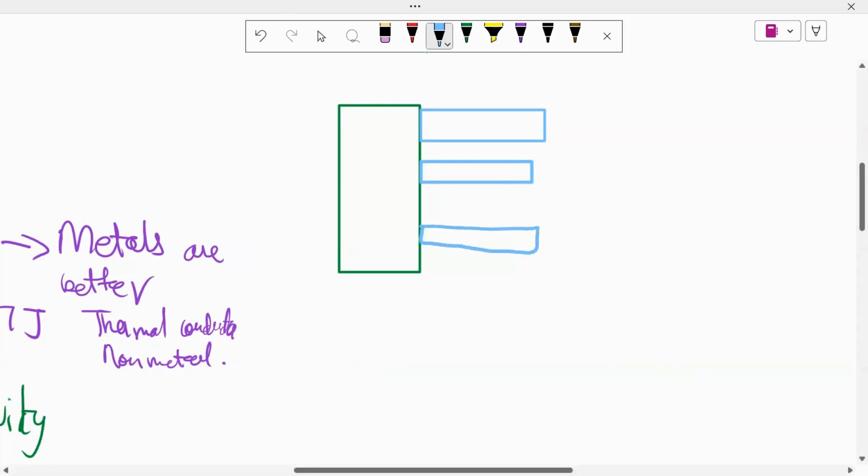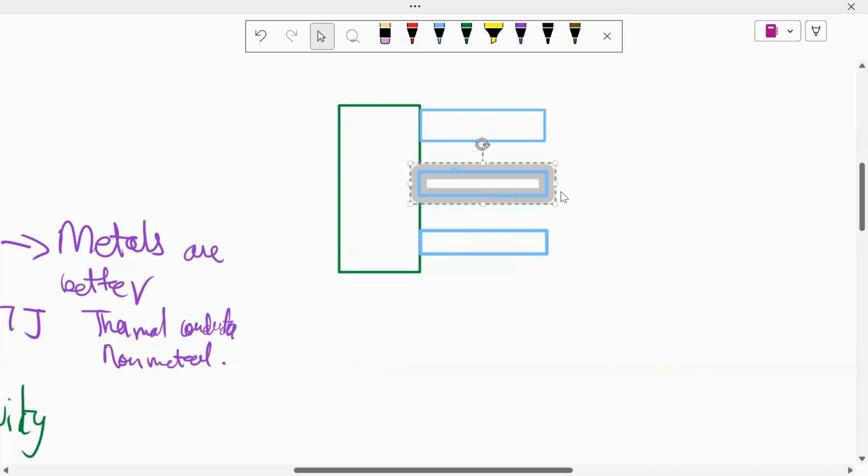Wait, let me check if I can increase the size.